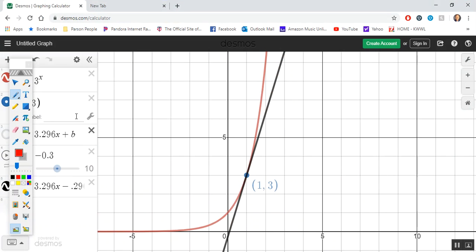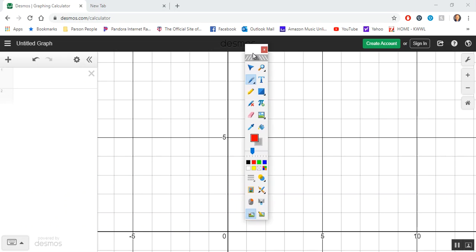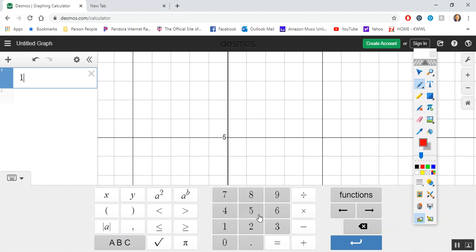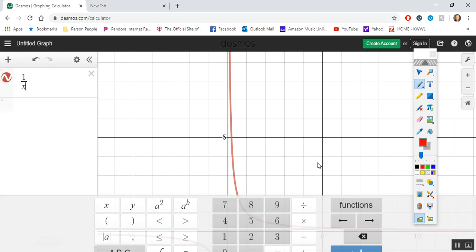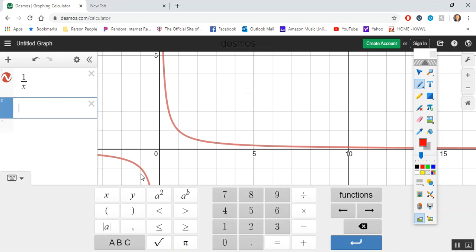What was the function to begin with? 1 over x, is that right? What point are we really concerned about? X is 2, so that was 2 comma 0.5, right?